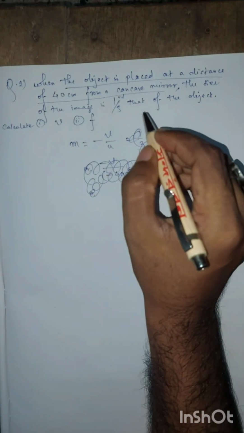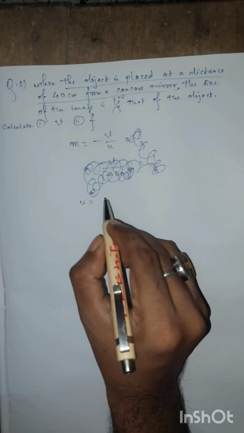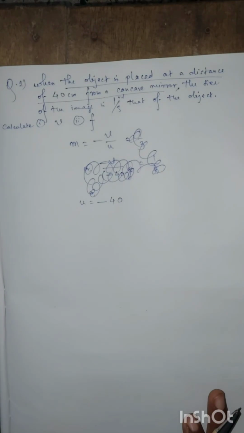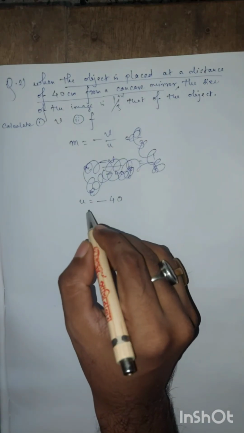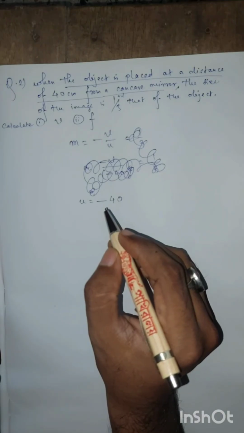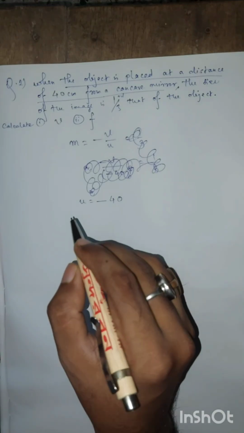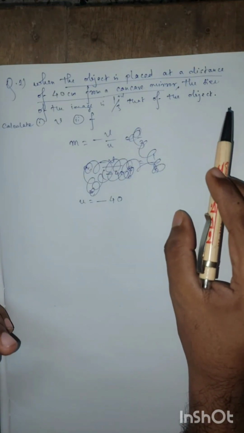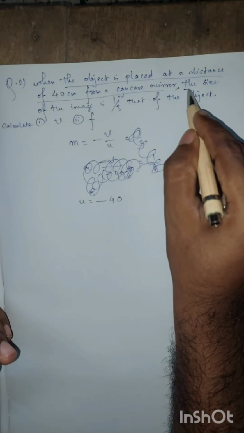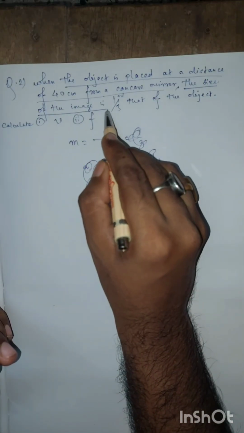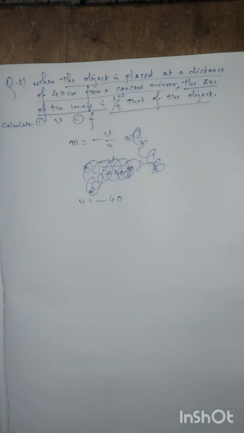So we can write u is minus 40. And the question says the size of the image is one third that of the object.